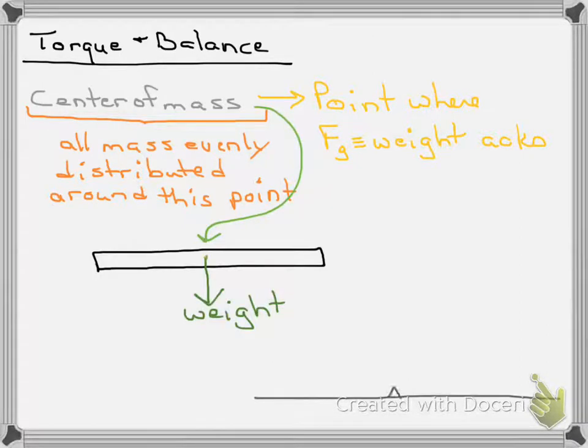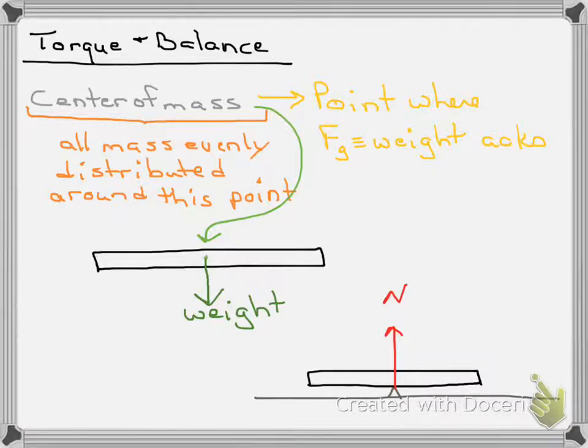Well, if you have an object with uniformly distributed mass, something like a meter stick, say, the center of mass is actually likely to be at the very center of the object, which is convenient. And if we were to take that meter stick, we could find that location for the center of the mass by putting it on a little triangular stand. We call this a balance or a fulcrum or pivot point.